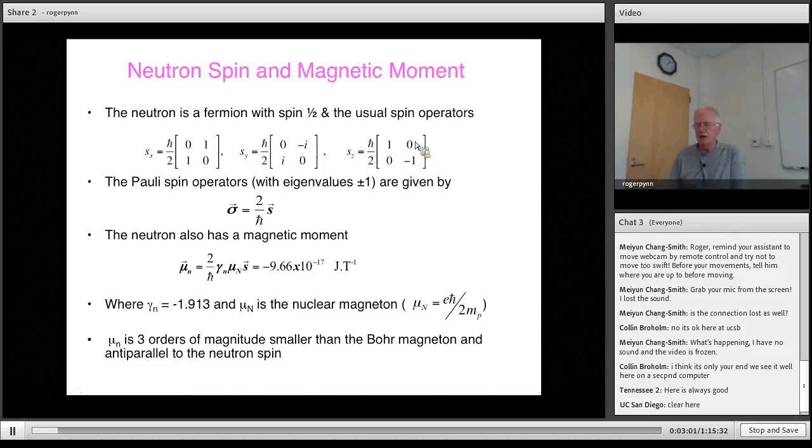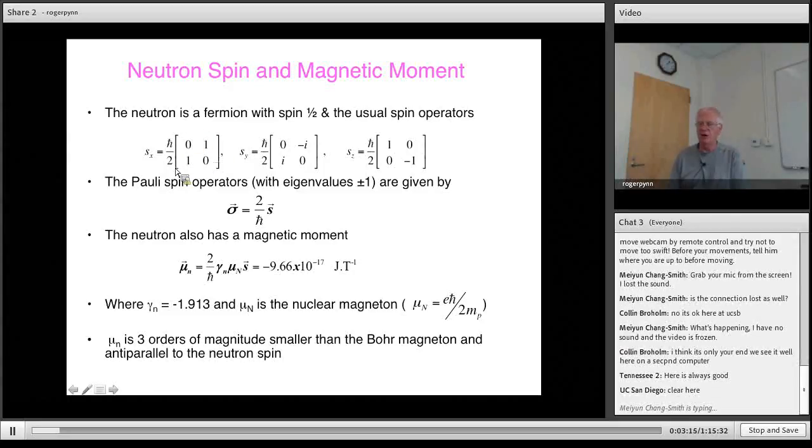Normally, what we do is, because we're too lazy to write this h bar over 2 in front here, this thing, of course, is an operator which gives the spin angular momentum of a particle as the eigenvalue.